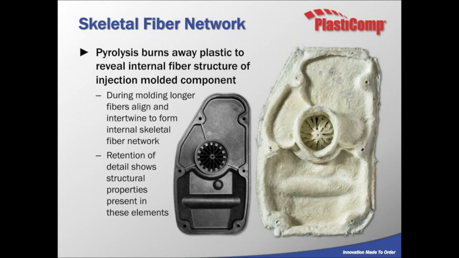So now you can mold thicker sections without sinks or voids and things of that nature. Overall, you can break some of the design rules for injection molded parts because you can vary wall thicknesses, both thin and thick, a little bit more with long fiber materials. So that's an added benefit.